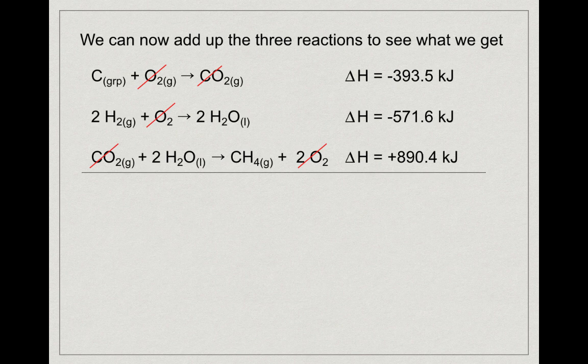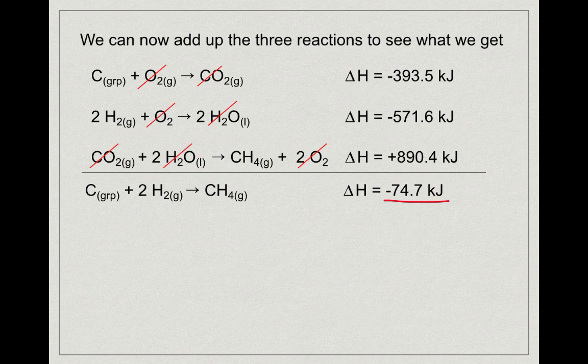But since I have two waters as a product in the second reaction and two waters as a reactant in the third reaction, I can cancel those out. And the only thing I'm left with is C graphite plus 2H2 goes to CH4. Well, that was the reaction I was trying to find, and since I've added up these three reactions and was able to get my overall reaction, I can now add up the delta H's, and when I do that, I get a delta H of negative 74.7 kilojoules.